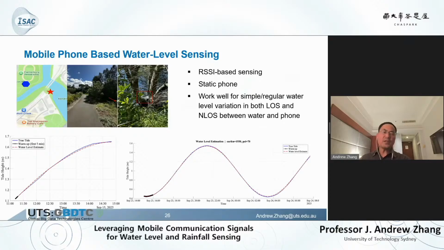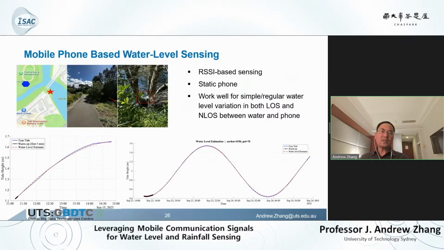In addition to using dedicated or customized devices for water level sensing, we also use the existing mobile phone. This example shows that using the mobile phone, we can also achieve very accurate sensing results. The current mobile phone can be used to capture the received signal strength, and there are multiple apps that can be used for this experiment.